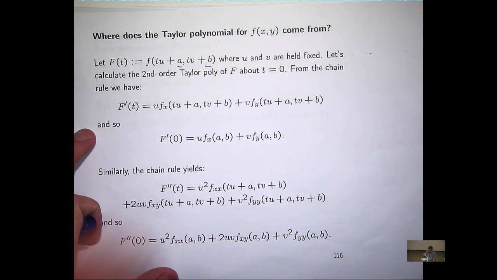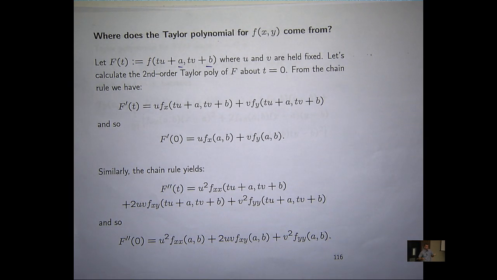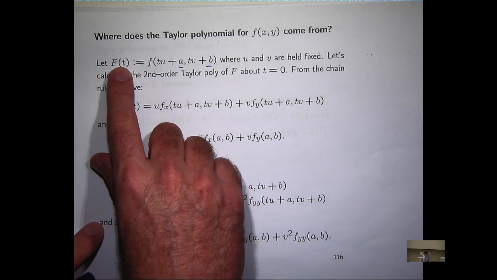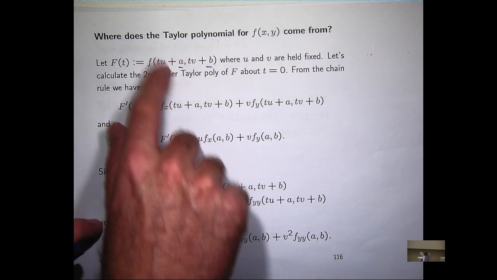Okay. So here, a and b is just the point of interest, the point about which you want to calculate your Taylor polynomial. Now we're going to introduce a new function, big F of t, a function of one variable.